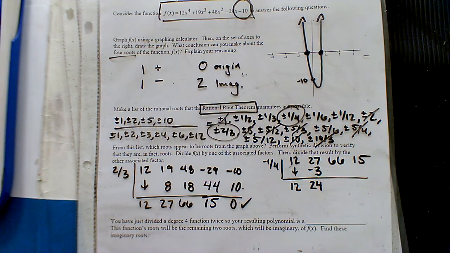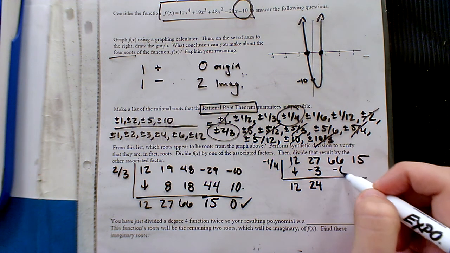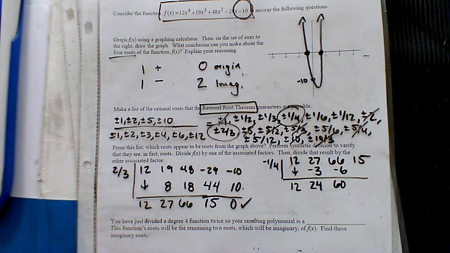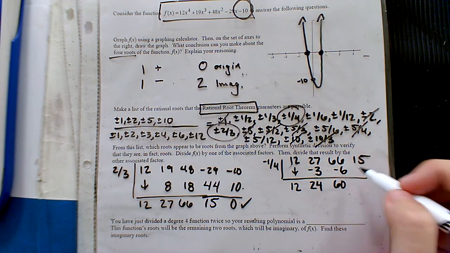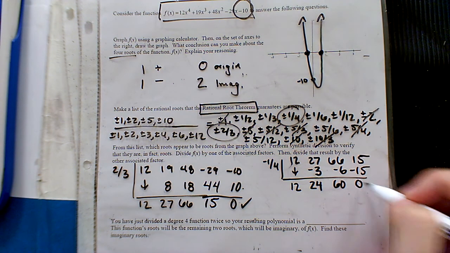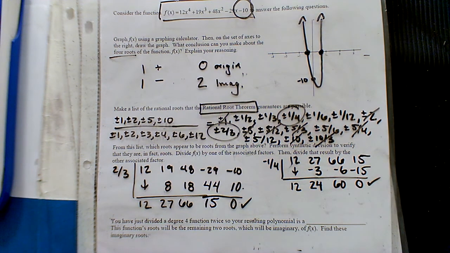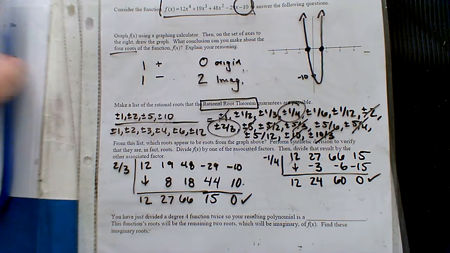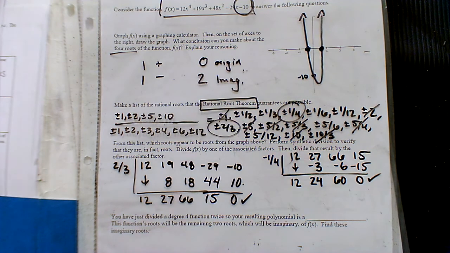A quarter of 24, I got 6. And then a quarter of 60, I got 15. Looks like that one works too.